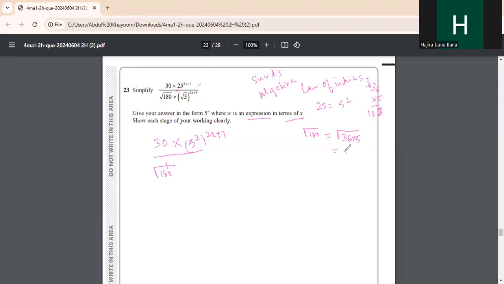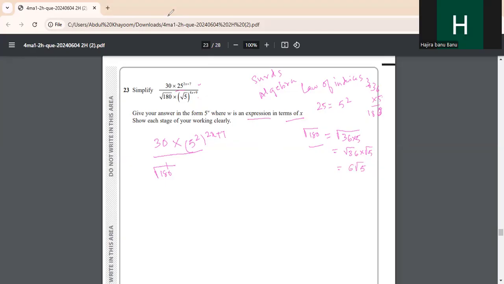So root 36 times 5 becomes root 36 into root 5, which is 6 root 5. Right? So root 180 can be written as 6 root 5. I hope the explanation is clear. I have written 180 as 36 times 5, root 36 times root 5, then 6 root 5.